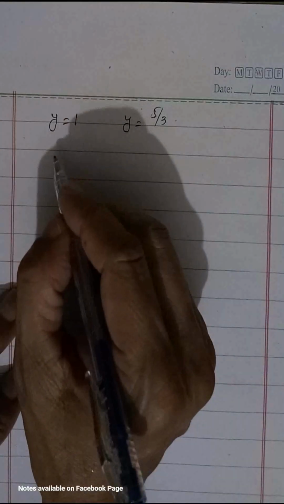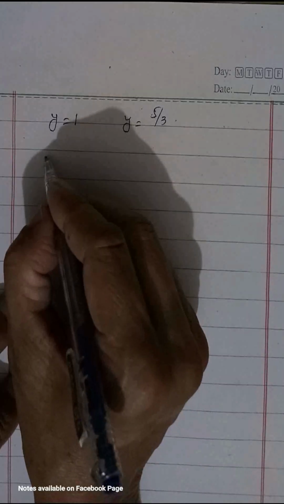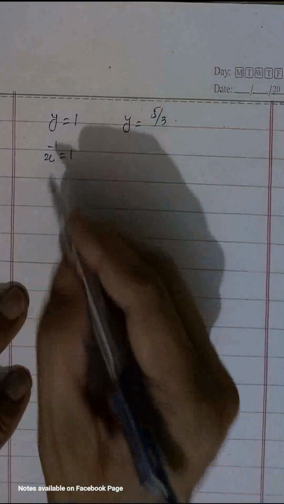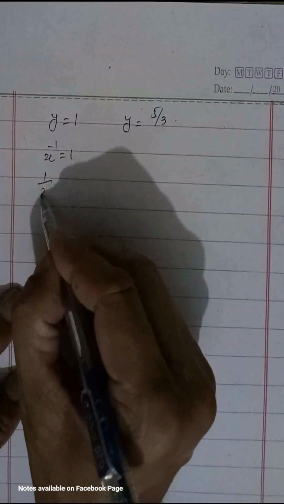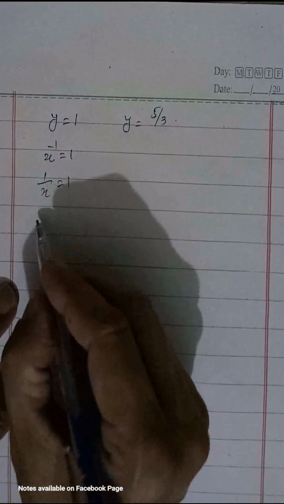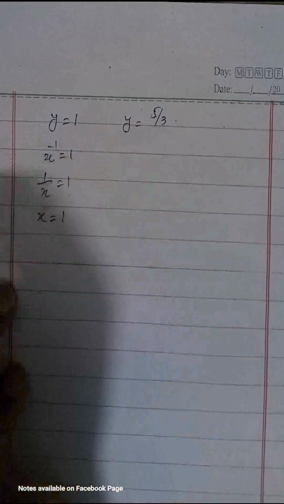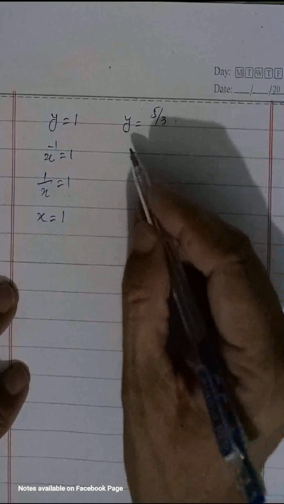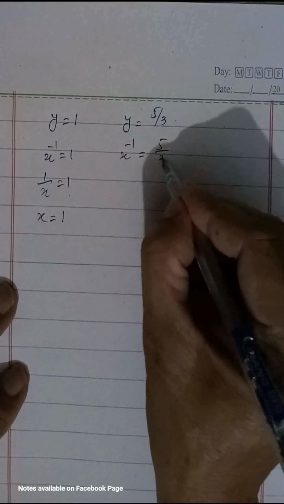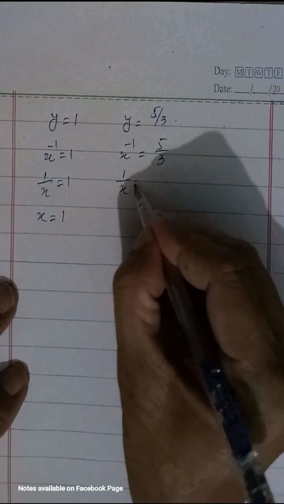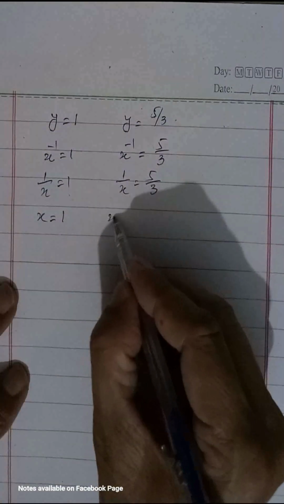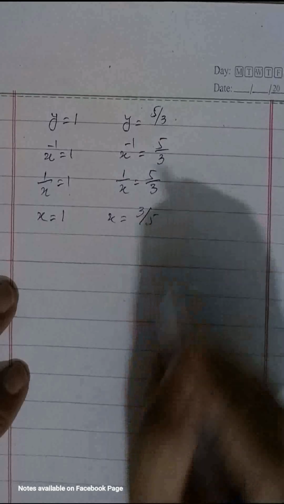When we put the values of x instead of y, we get x power minus 1 is equal to 1, and 1 over x is equal to 1. Take reciprocal both sides. Here x is equal to 1, and in the other value x power minus 1 is equal to 5 over 3, 1 over x is equal to 5 over 3. Take reciprocal both sides. We get x is equal to 3 over 5.